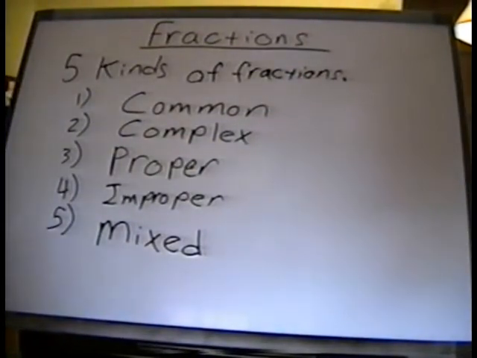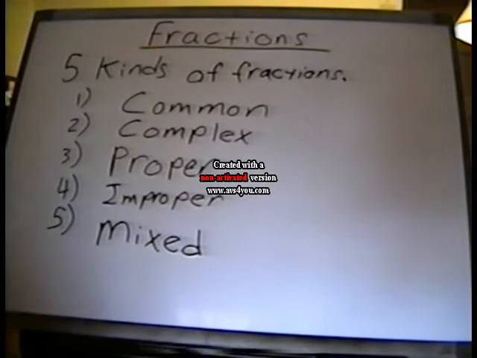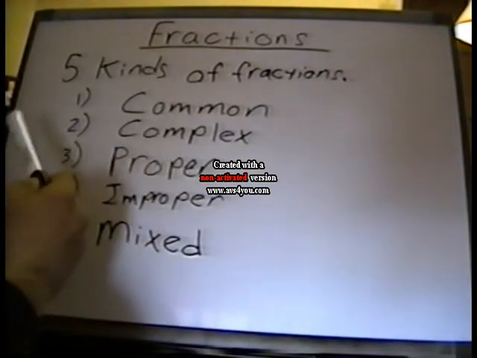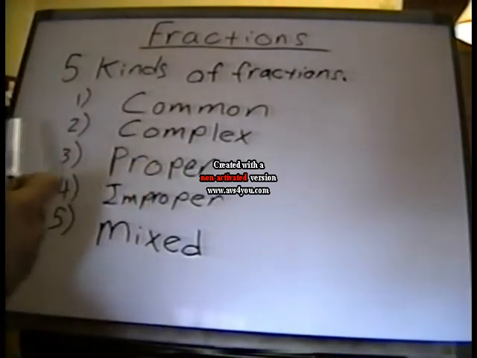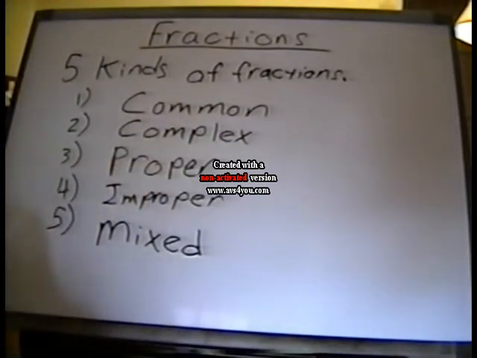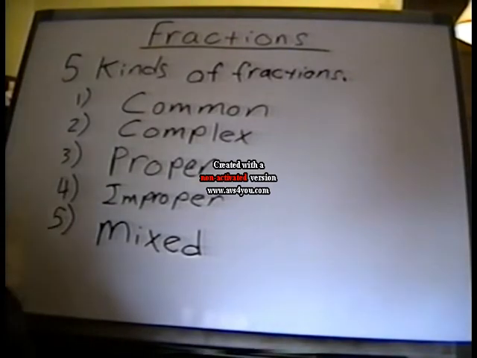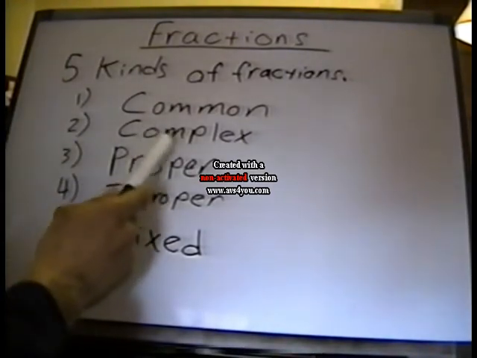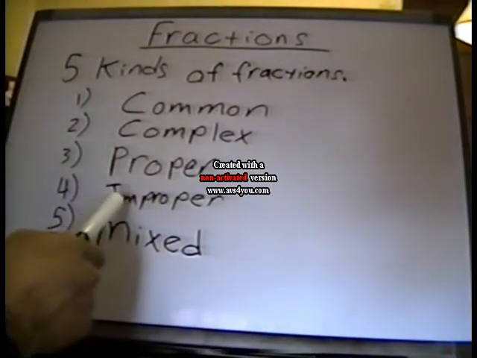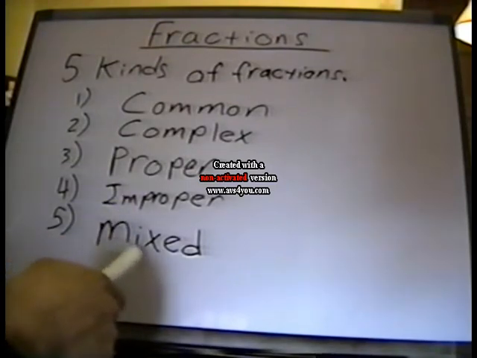So here, I have written the five classifications of fractions, 1 through 5, the first being your common fraction. A common fraction is also called simple or vulgar fractions. Then you have complex fractions, proper and improper fractions, and mixed number fractions.